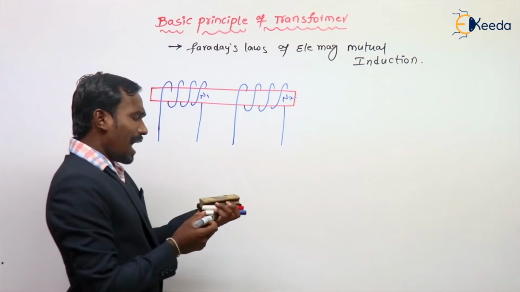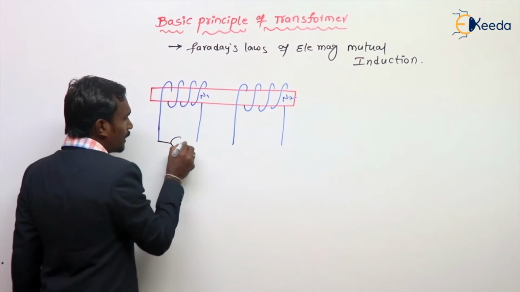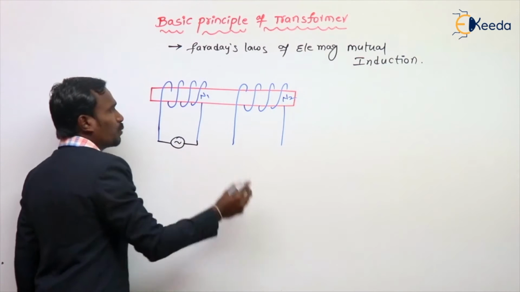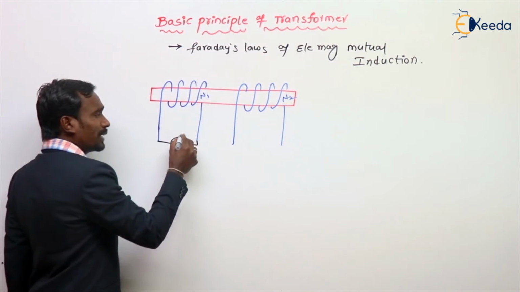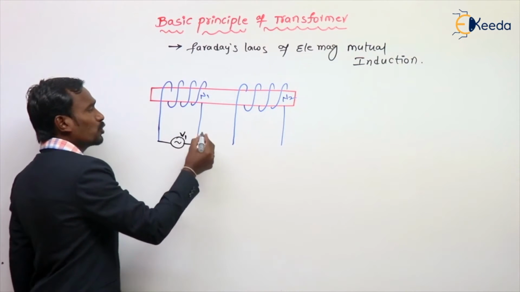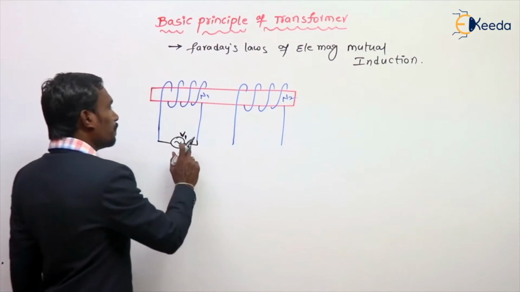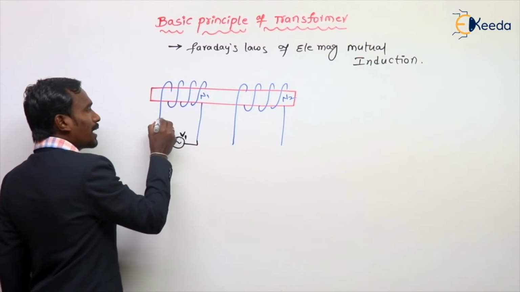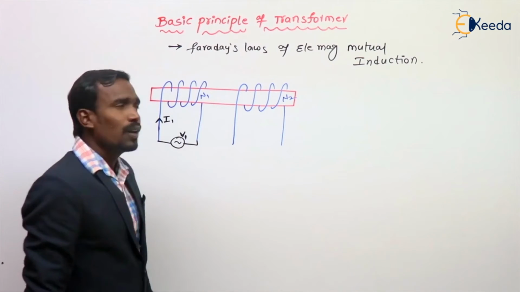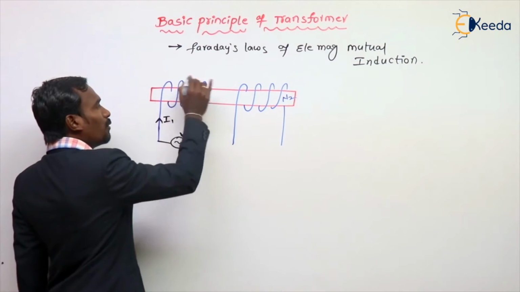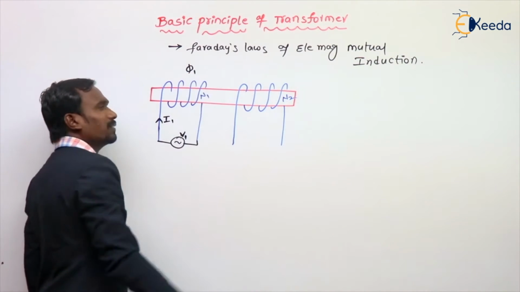Next, I am giving supply to only one winding. Some supply voltage V1 is given to this winding, which is called the primary winding. When supply is given to this winding, some current flows in the winding, called I1. When this current flows in the winding, it produces some flux, taken as phi1.